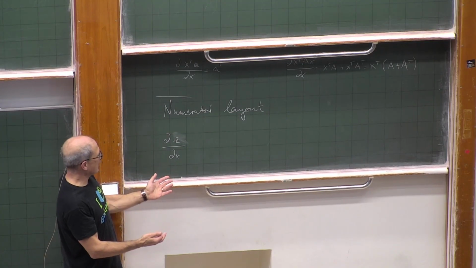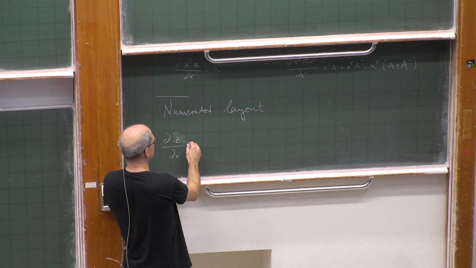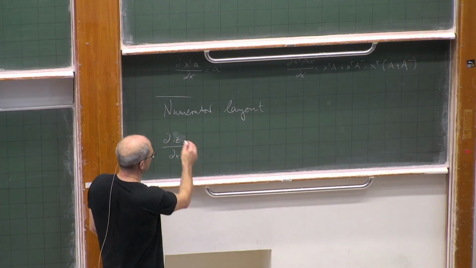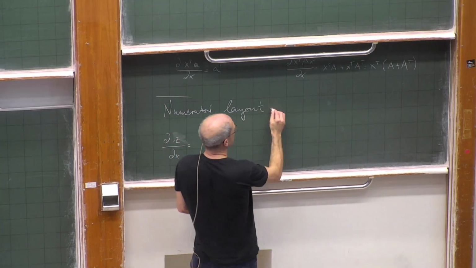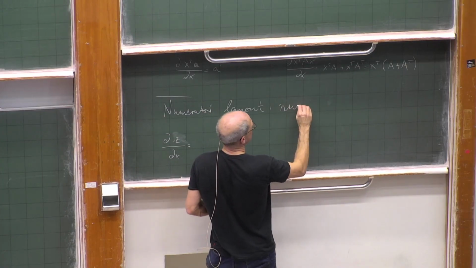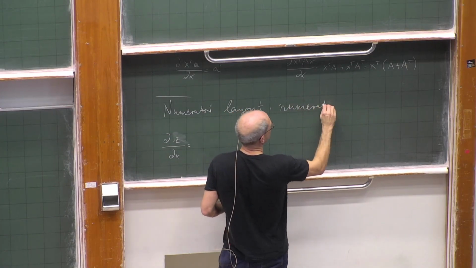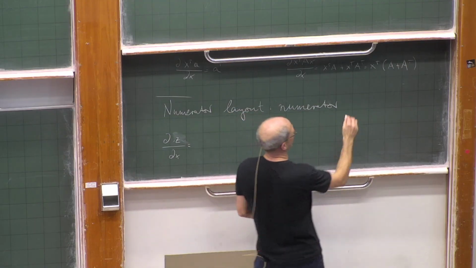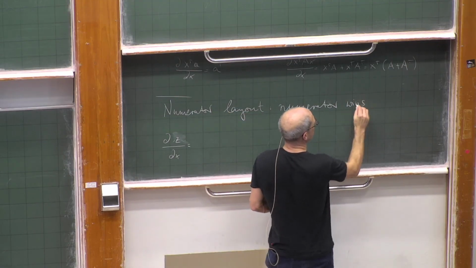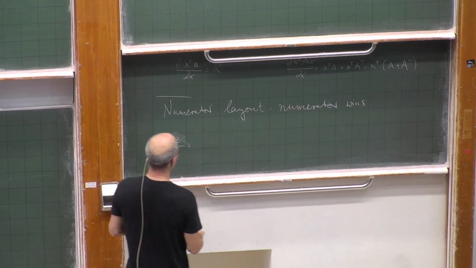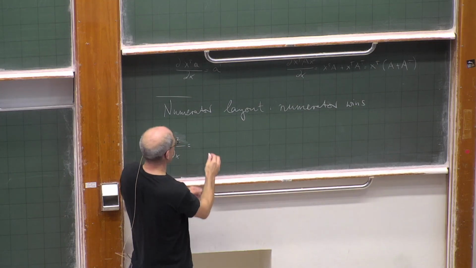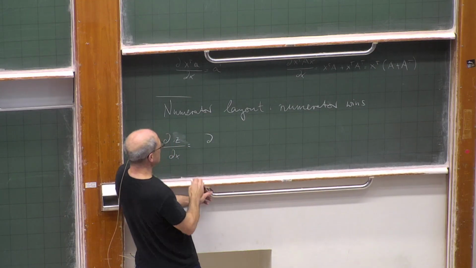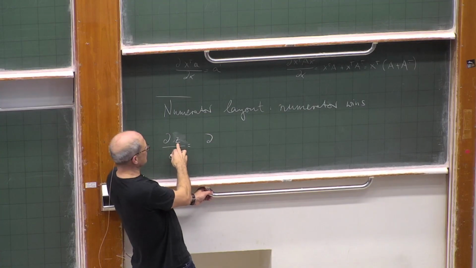And now I need to decide how I want to lay out the contents. And in numerator layout, the numerator, I'm going to say here, the numerator wins. So what I mean by that is that I'm going to keep this column vector in its usual shape.